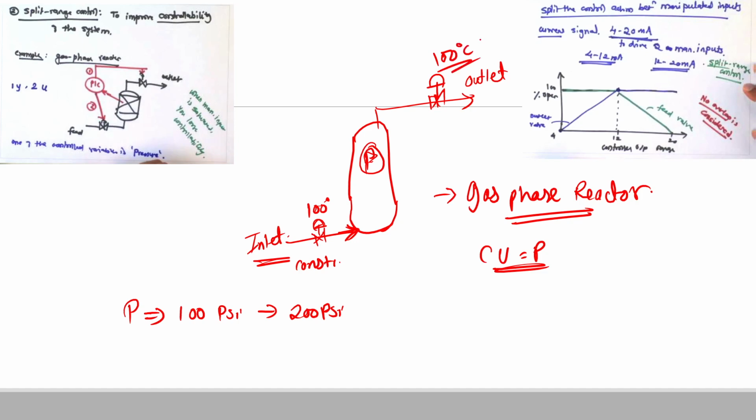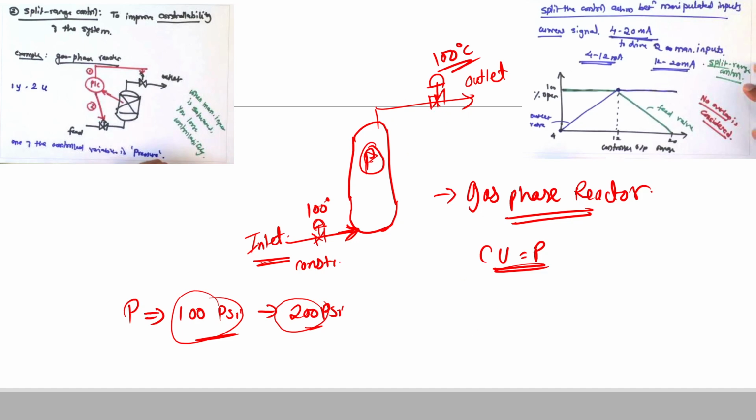Let's just consider this scenario. Now, if the pressure of this system increases and we have to maintain the set point, it was at 100 psi, and due to some disturbances this pressure increases to 200 psi, and we have to decrease the pressure. Since it has increased from 100 to 200, we have to again decrease the pressure from 200 to 100. So we can try to achieve that by opening the outlet valve.